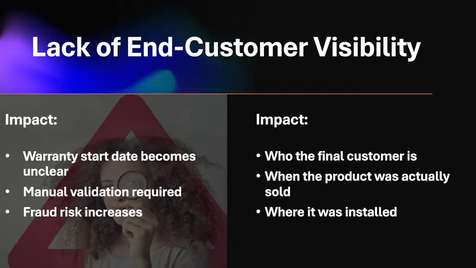Because warranty dates are unclear, because the warranty does not start from when the product is moved to the distributor, it actually starts from when the customer has purchased it, right? Right. So there could be a mismatch of dates, and the warranty start or end dates could become unclear.